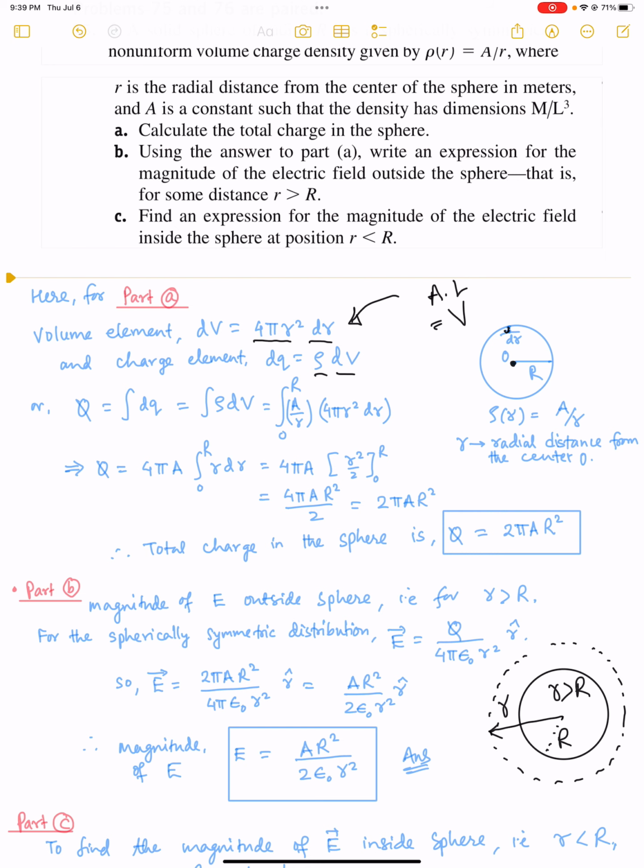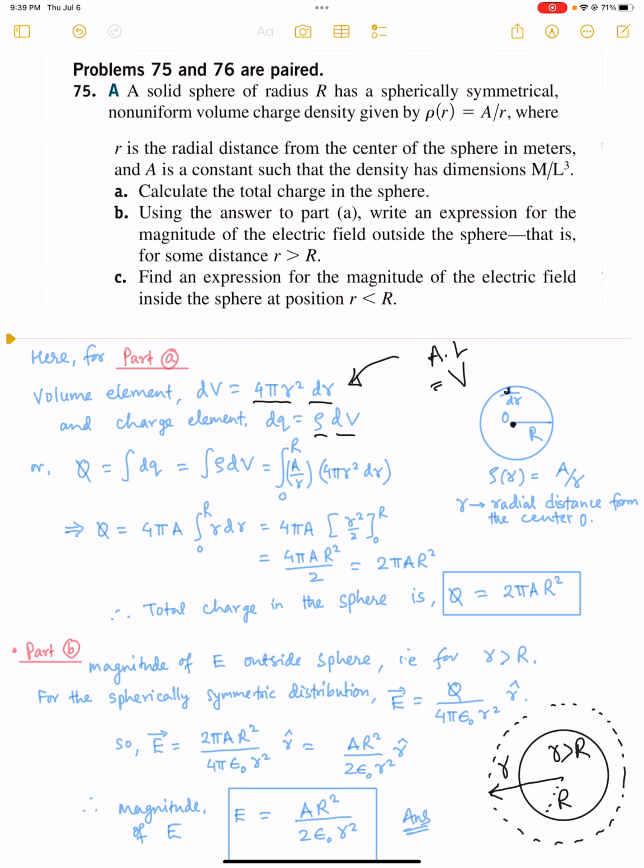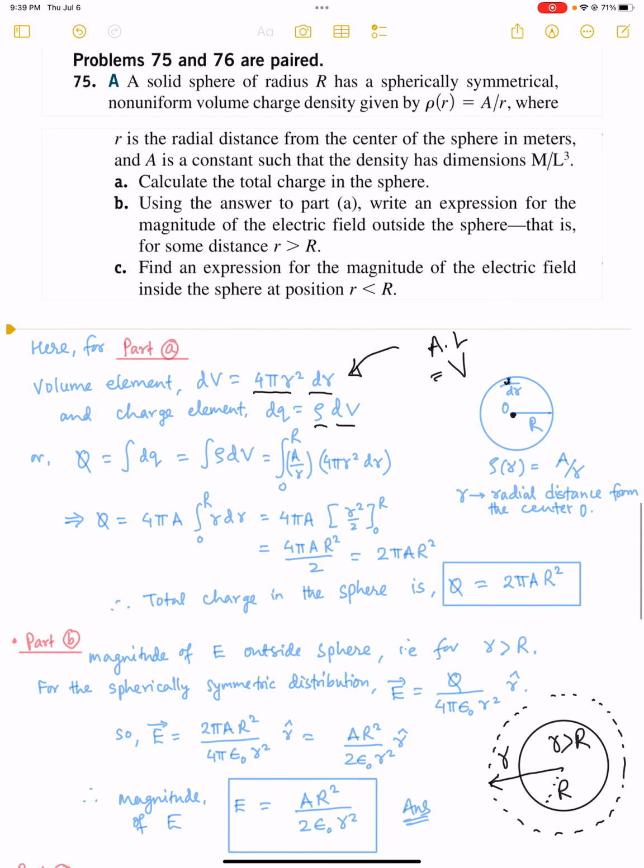As the problem already tells you, the charge density is non-uniform in this case. So to estimate the total charge Q, we use the integral formula. It's simple: the integration of dq will be Q, where dq is rho dV.